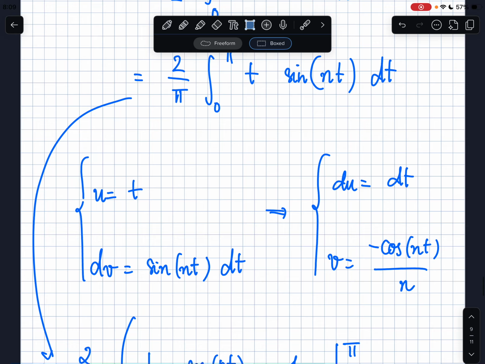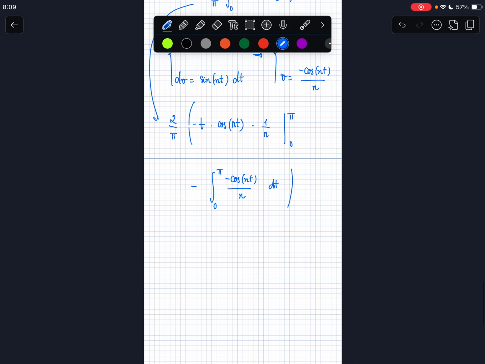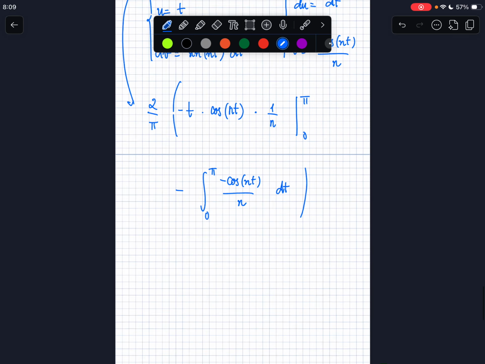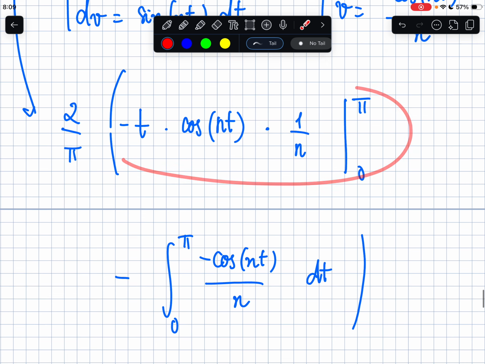So this is how I applied integration by parts. Now you compute this. 2 over pi.